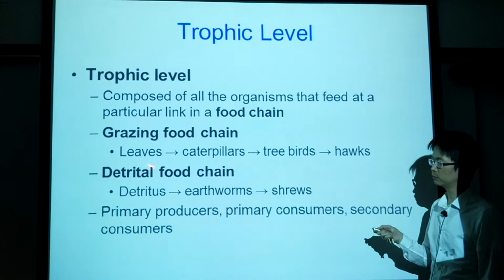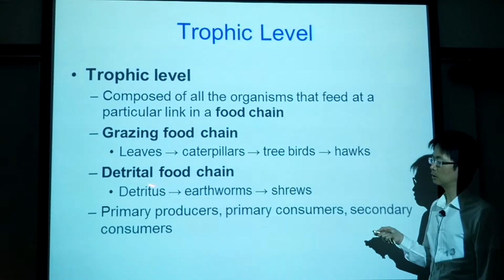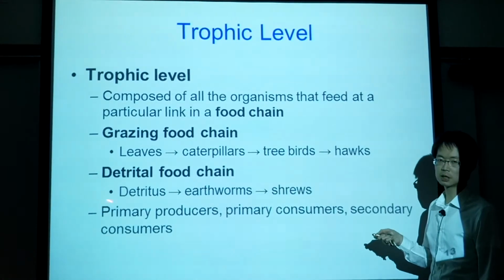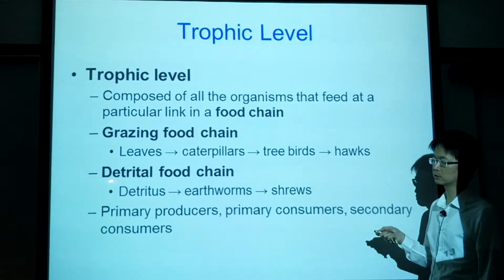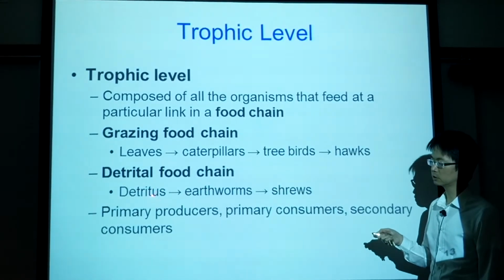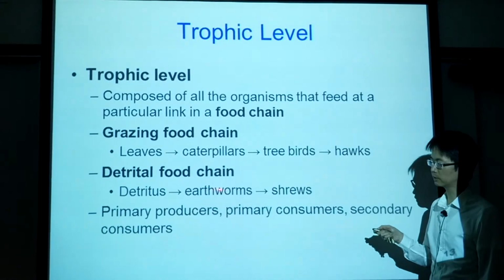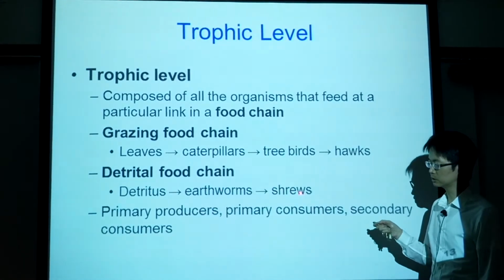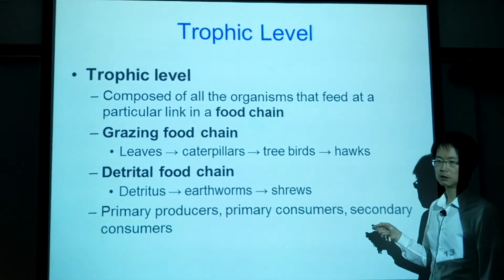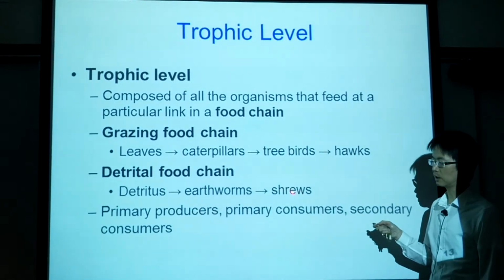And then the detrital food chain consists of the detritus, the partially decomposed organic matter, which serves as the food for the detritivore, the earthworm. So this is the first trophic level. This is the second trophic level. And then the shrews, they are the carnivores on the ground.